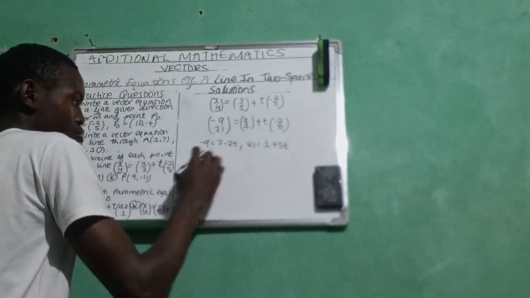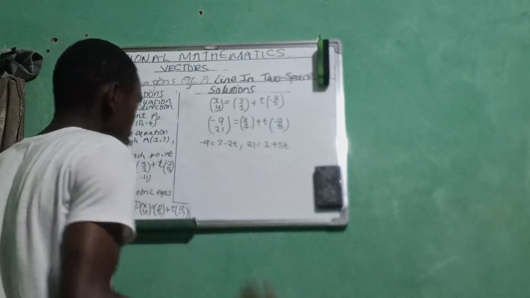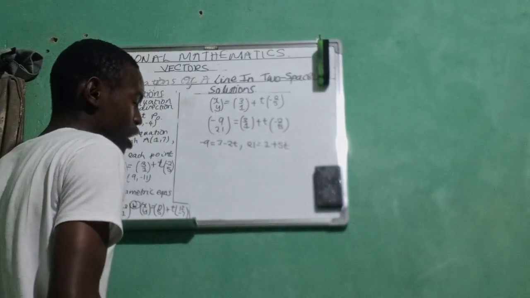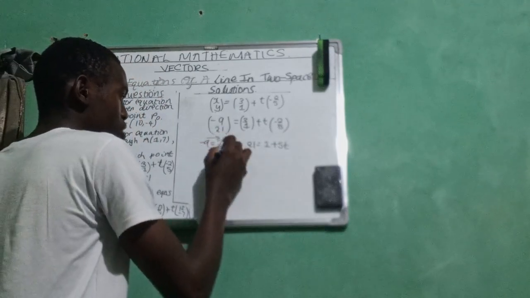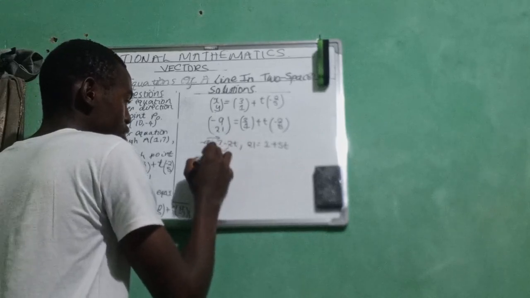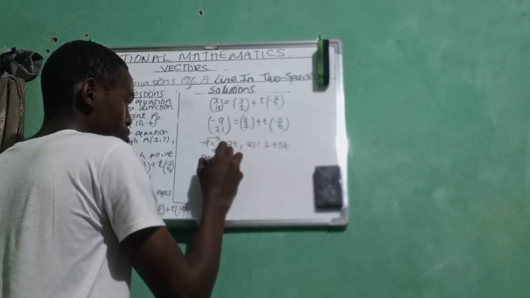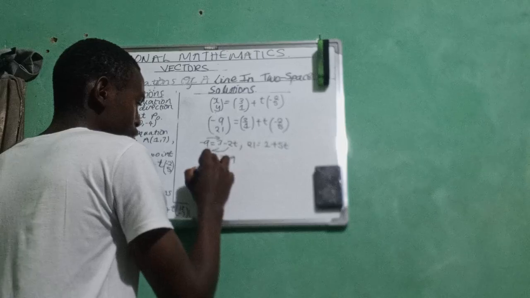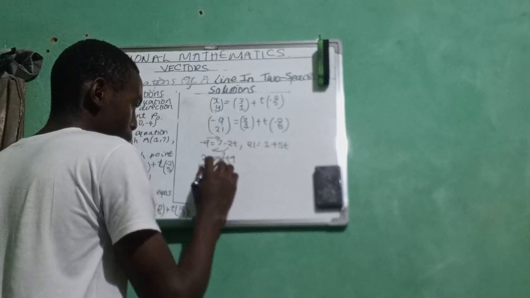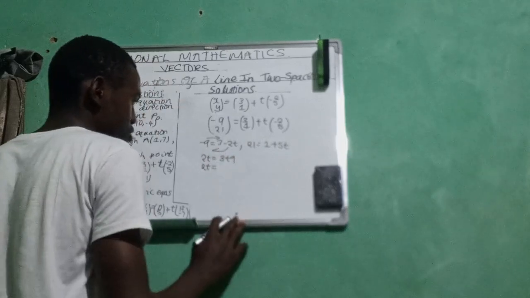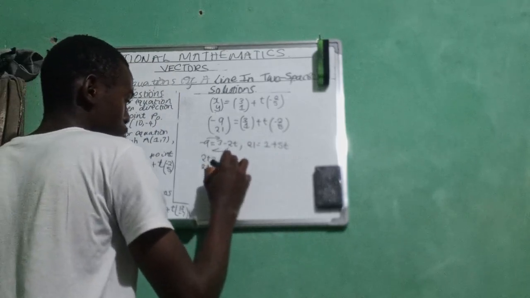Then what you do is group the like terms together. The 9 will go that side, then the 2t will go that side. We're going to have 2t is equal to 3 plus 9. 2t is equal to 12.